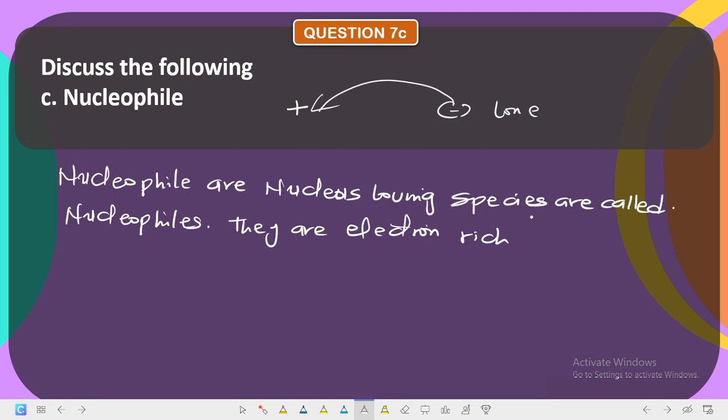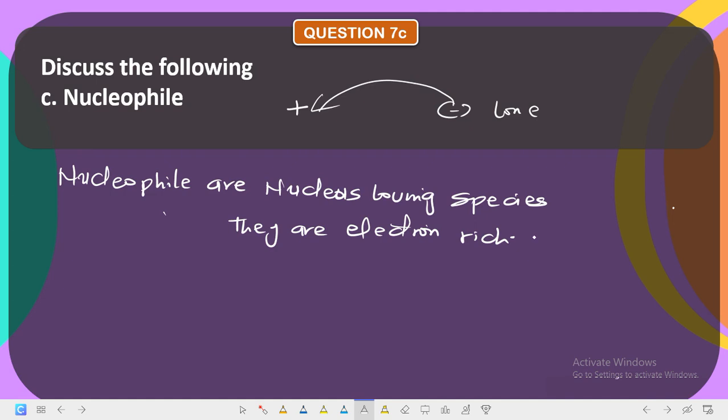So nucleophiles are nucleus-loving species. They are called nucleophiles. They are electron-rich. So any atom that is electron-rich is said to be a what? A nucleophile.